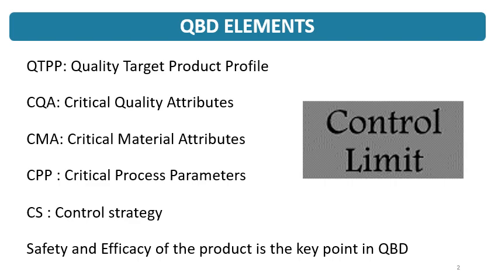So QTPP is quality target product profile, CQA is critical quality attribute, CMA is critical material attribute, CPP is critical process parameter, CS is the control strategy.